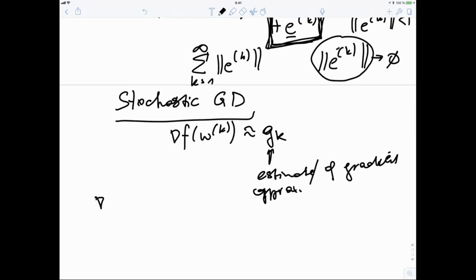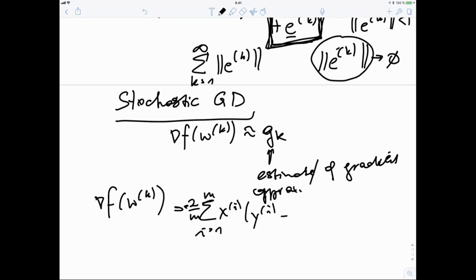Well, if you look at the gradient for linear regression, the gradient has this form: 2 over m, minus, xi... so it's a sum. And typically this is a large sum. In big data applications, this might be 10 to the power of 6.